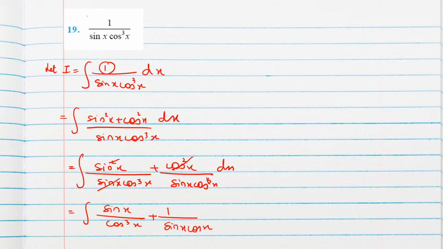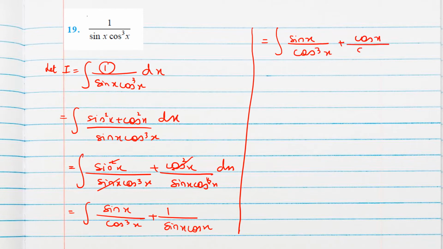So see, if we want to take 1 by cos square x out, we need to multiply here with cos x and divide by cos x, isn't it? So the next step will be to multiply and divide by cos x in the second integral.